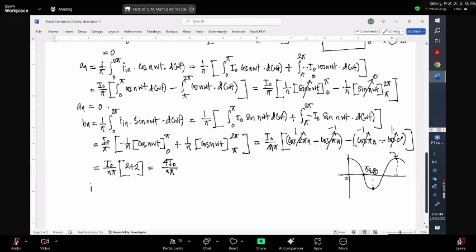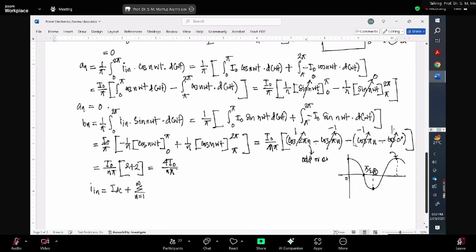So what would be my I in then? My I in was IDC plus summation n equals 1 to infinity. Oh, okay. One thing I forgot to tell you is that this n value can be either odd or even, right?